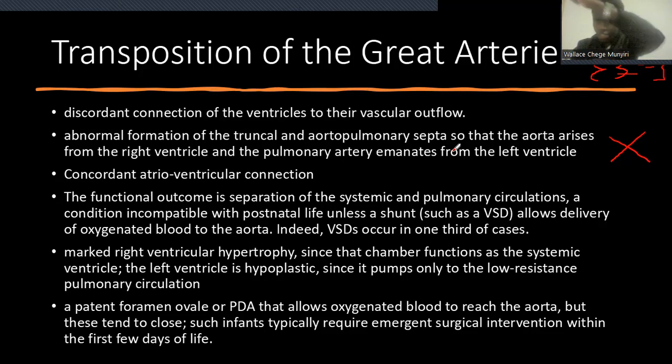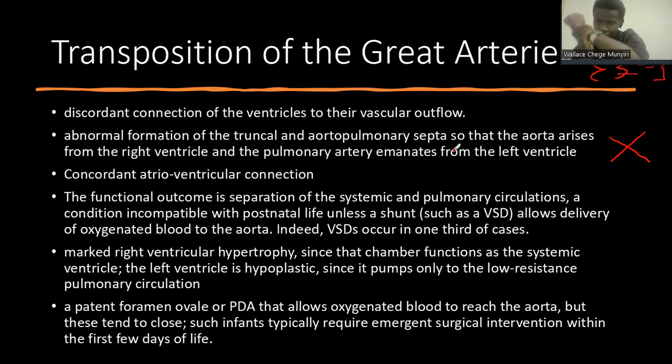Imagine, take your left hand. This is my left, this is my right. Assume this is the aorta, and this, on the right, is the pulmonary trunk. They cross each other like this, like Wakanda style.